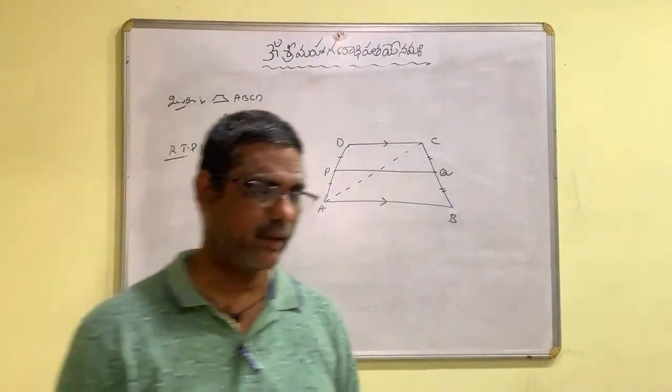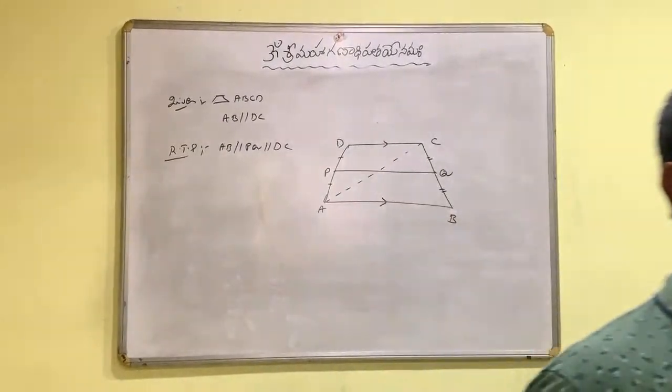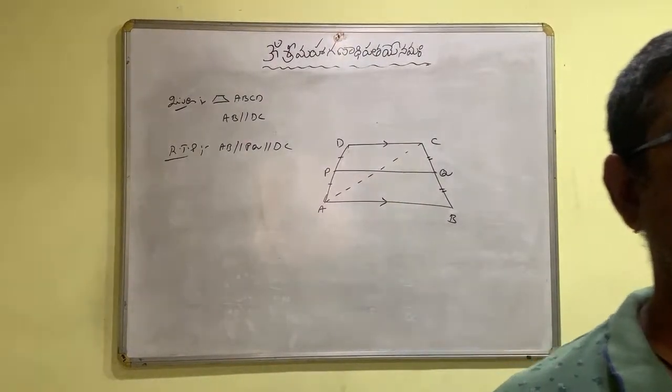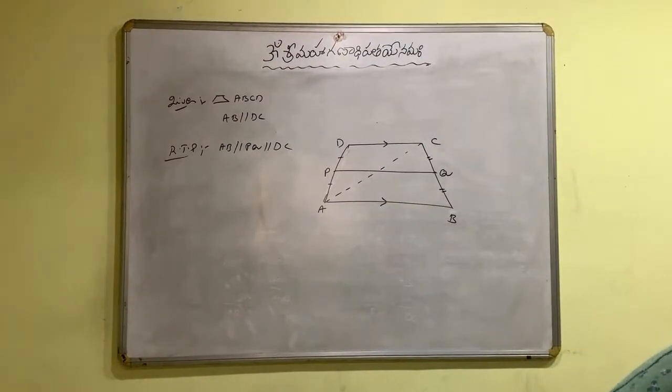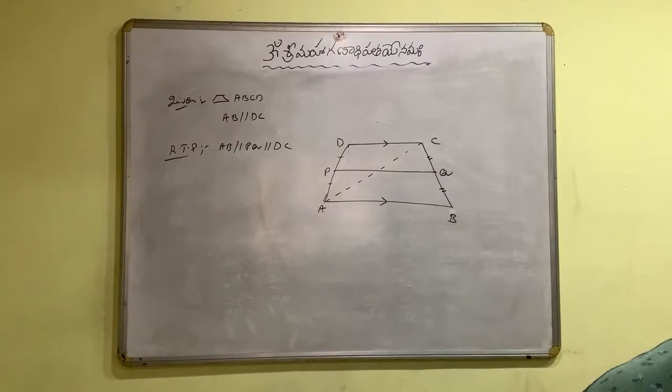Children, you are forgetting. See, given, we need to prove PQ parallel to AB or DC. You cannot take PQ parallel to AB or DC. Okay, na? You cannot take it like that.